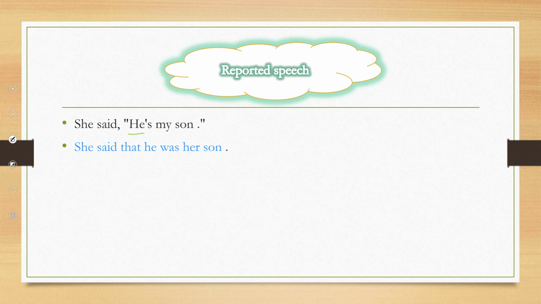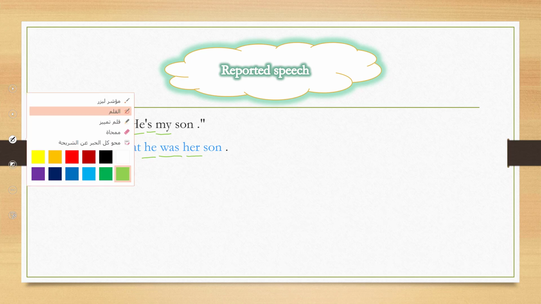We don't change third person pronouns. He remains he. But what happens to the is? It turned into was, the past. My son is turned to her son because the possessive adjective my turned to her because of she.